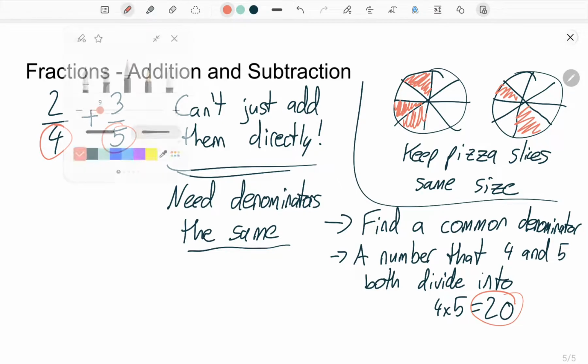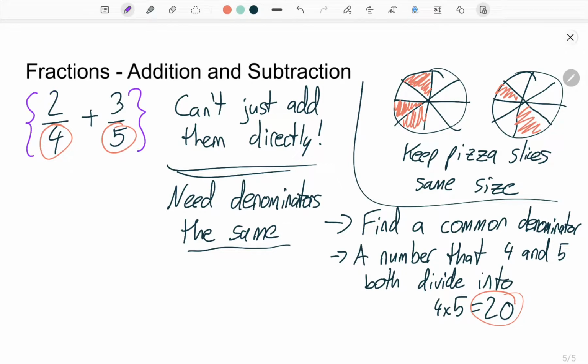Okay, so we have our common denominator. The next step is we want to change each of these fractions, so 2 over 4 and 3 over 5, so that they have that common denominator. And remember, you can adjust a fraction by multiplying both the top and the bottom.